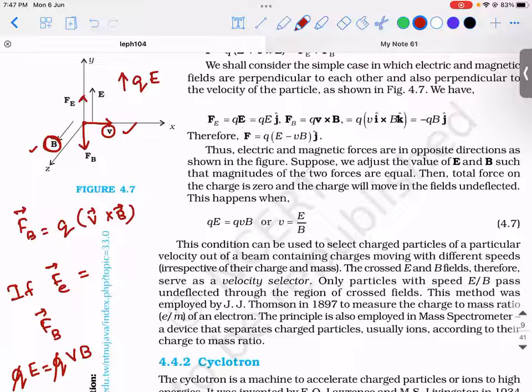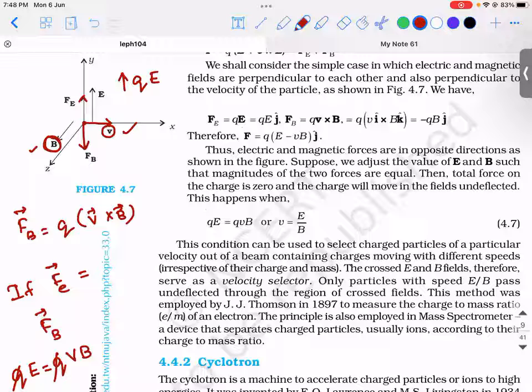It will continue to move with uniform velocity in the same direction in which it was projected. As a result, the particle will travel undeviated. Means, if I give you a charged particle and say project it into a combined electric and magnetic field so that the particle travels undeviated, what kind of a scenario will you create?